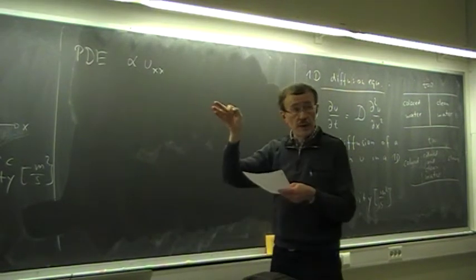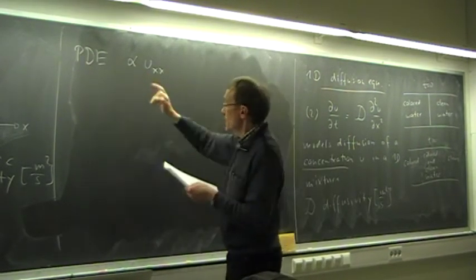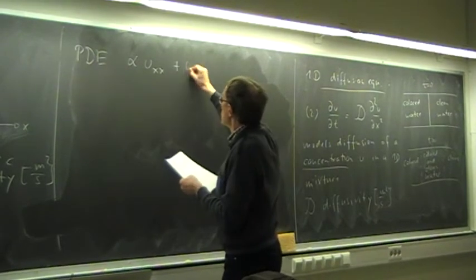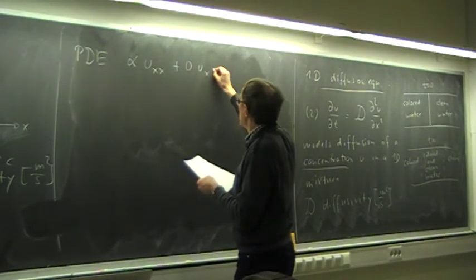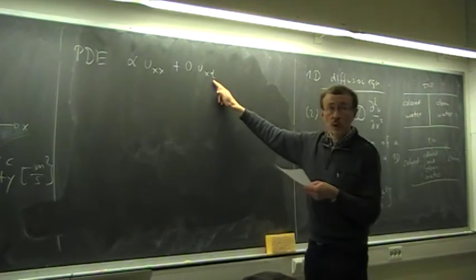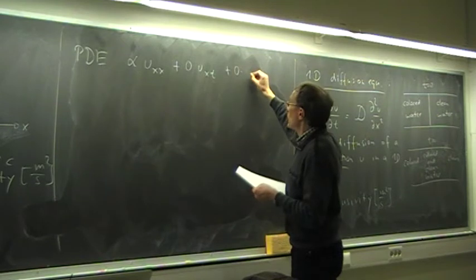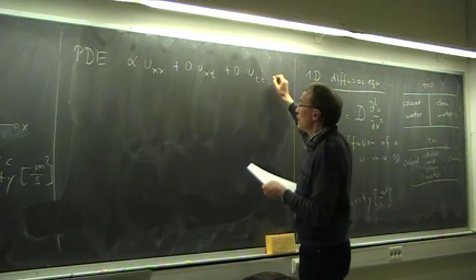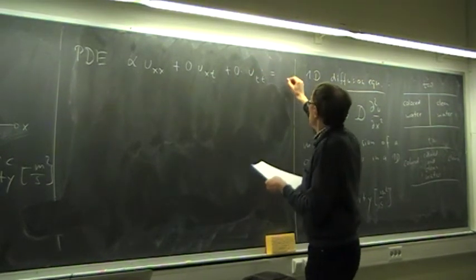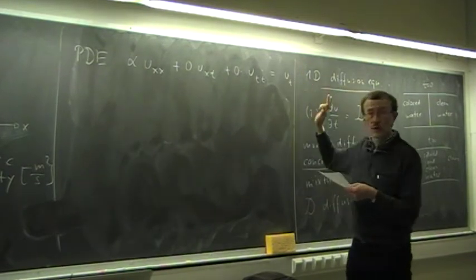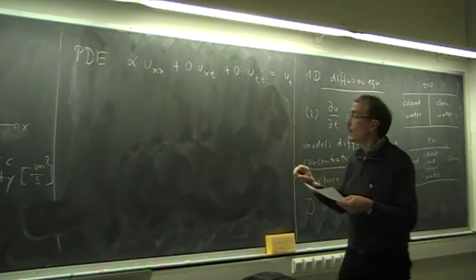Now I'm talking about the heat equation here, therefore this is the thermal diffusivity, plus 0 ux. Our second variable is now time, not y as we had in the beginning, plus 0 times utt. So that is equal, in our case, ut. Lower order terms do not matter.